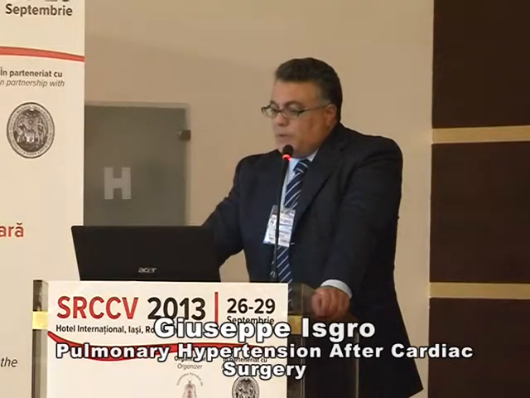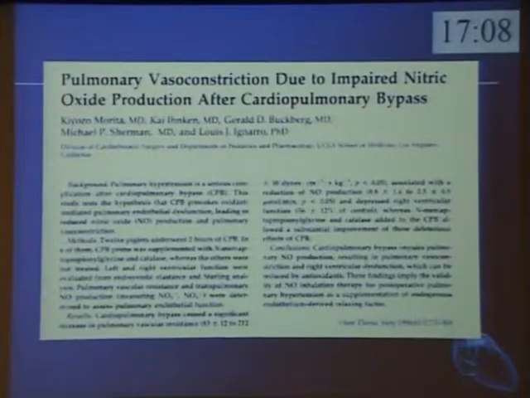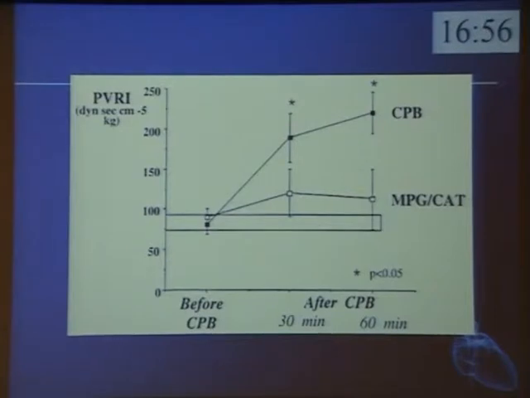Regarding the cardiopulmonary bypass effects, we know very well which are the effects of this, and Gerald Bachber and his group demonstrated how in 12 piglets, those piglets that were treated with mercaptopropionylglycine and catalase, that are considered antioxidants and preserve the release of nitric oxide, determine a lower level of pulmonary vascular resistance in the post-op period, with respect to those piglets that were not treated with these antioxidants.